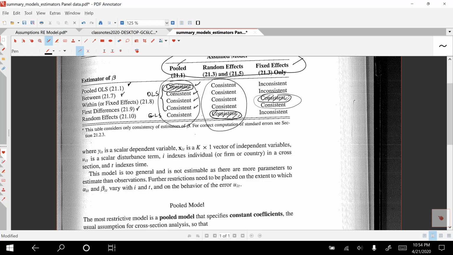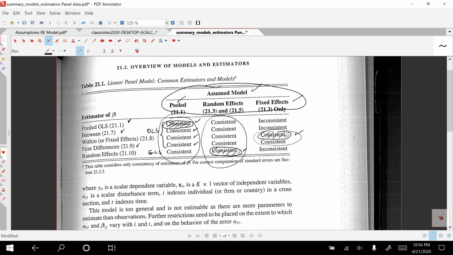We have talked about the random effects estimator for the random effects model, and the fixed effects estimator for the fixed effects model. Those are the preferred estimators because, in each case, if the assumptions of each model are satisfied, they are going to be the most efficient estimators.